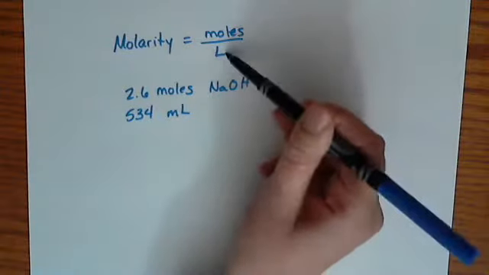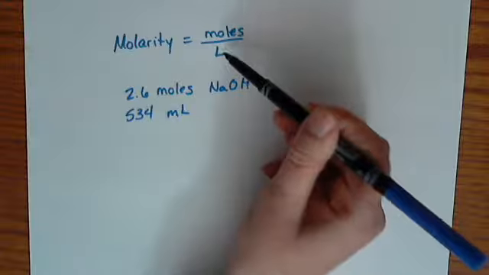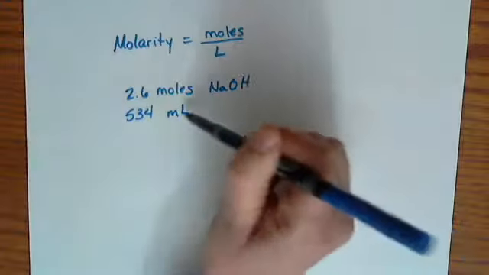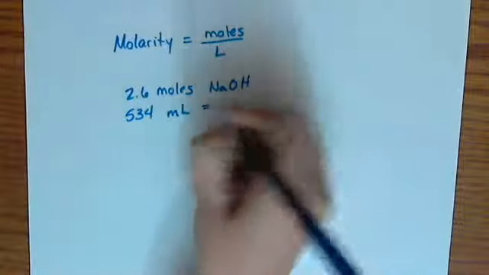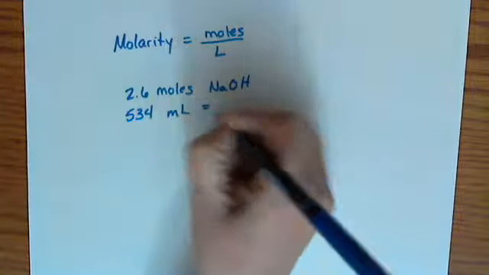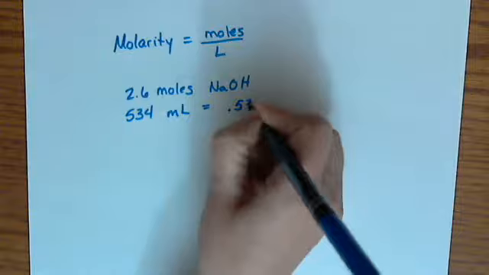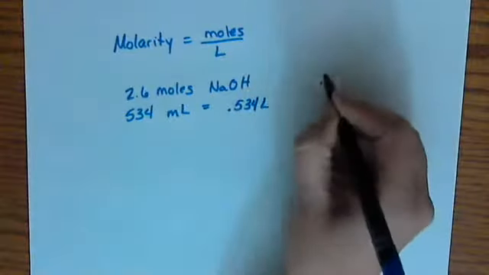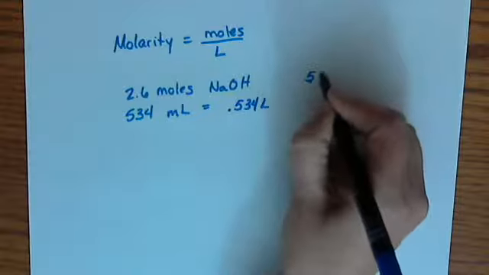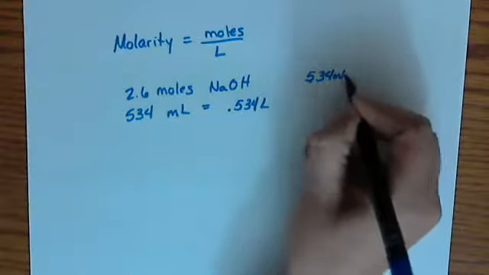The number of liters, do we know liters? Well, we don't know liters, but we do know milliliters. And we can change that pretty easily because we know that 534 milliliters is going to be 0.534 liters. And you can always do the dimensional analysis to figure that out for yourself. 534 milliliters.